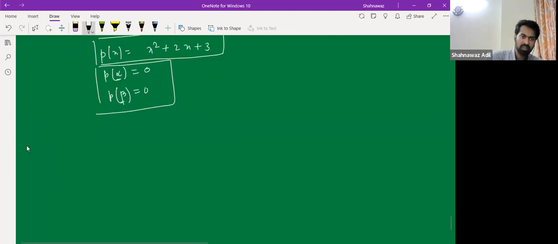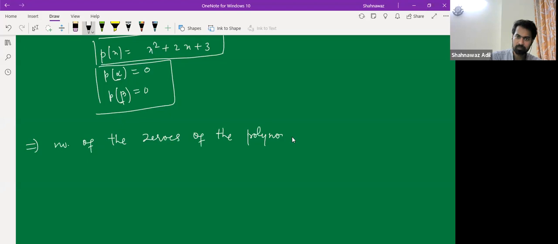And the zeros of the polynomial are related to the degree of the polynomial. The number of zeros of the polynomial is equal to the degree of the polynomial.